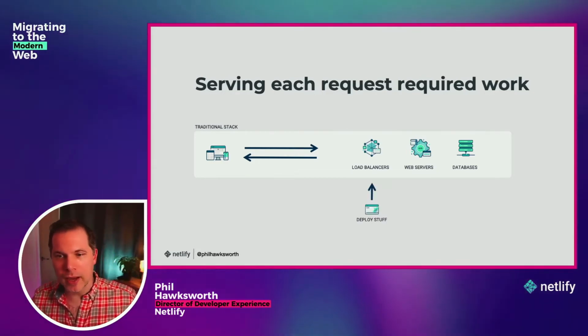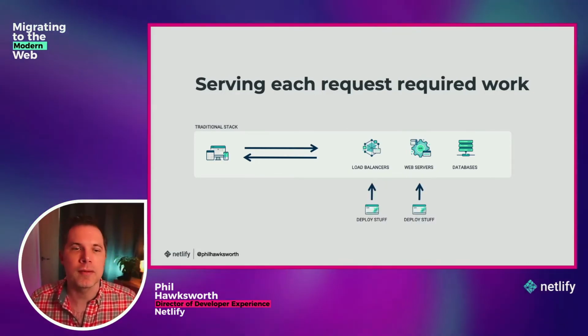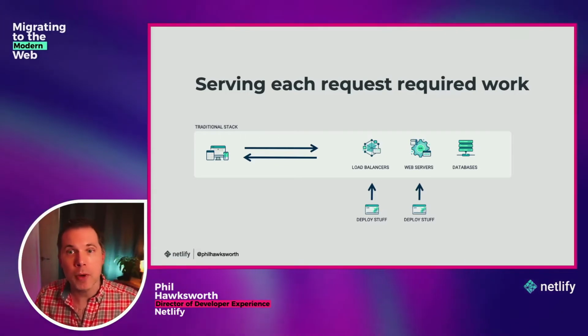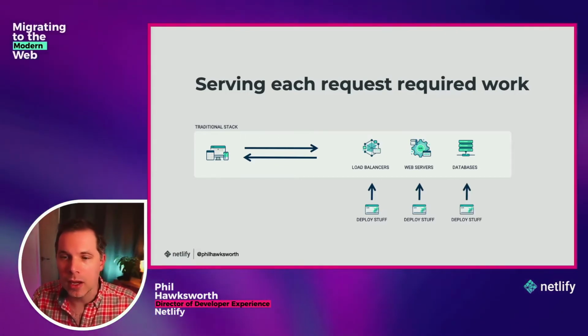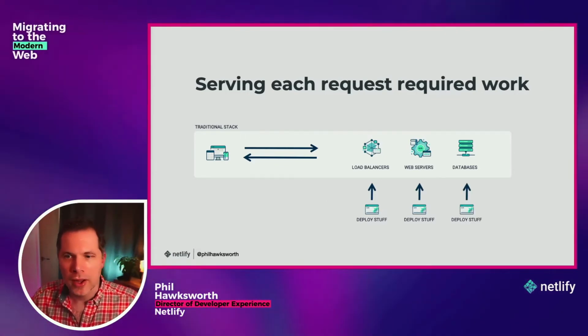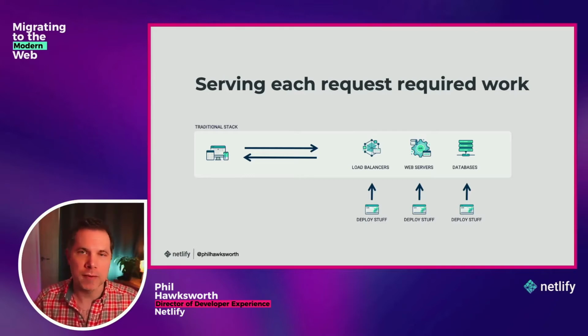So building and deploying things to these environments became non-trivial. It became a question of how, every time we updated how our sites worked and the content that lived on them, we might need to update any or all of the parts of this infrastructure.